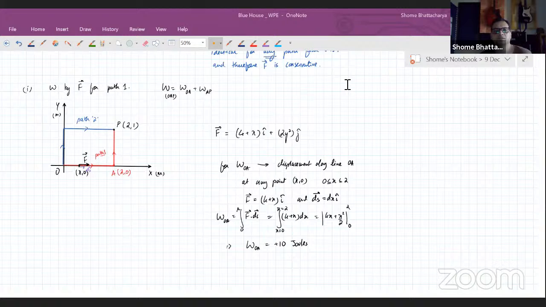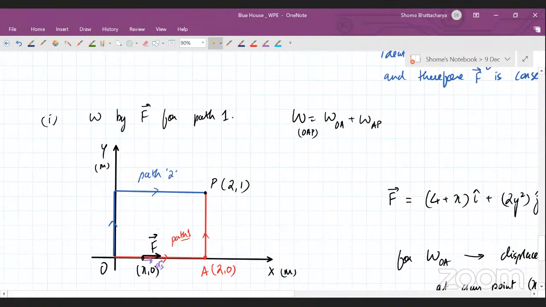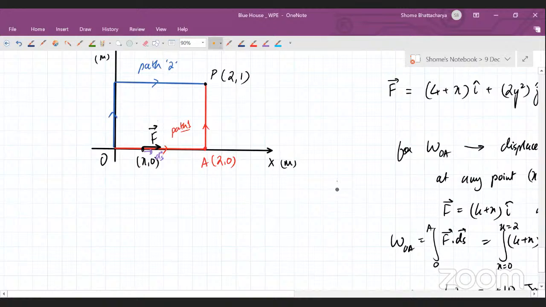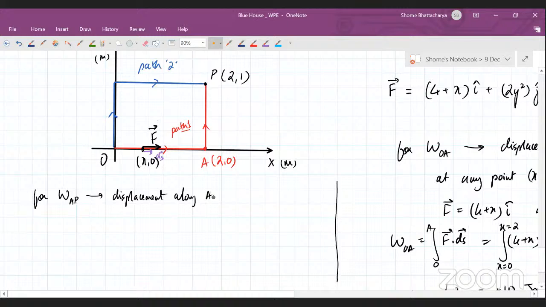Okay, now in the same thing, when we are looking at the work done going from A to P, looking at this part of the path. So now for work done from A to P, so displacement along EP.